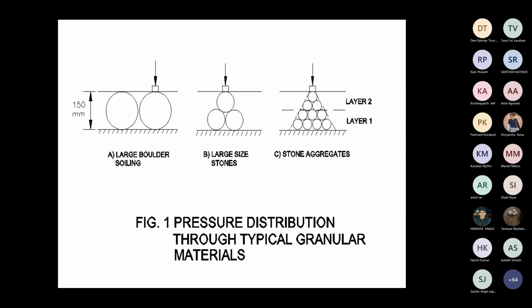Whenever you are choosing this granular material or stone, say suppose you are laying a 150 mm layer, either you can have a large boulder of 150 mm, or you can have large size stones, or still smaller stones can be there. What do you feel, which is preferred, A, B or C?